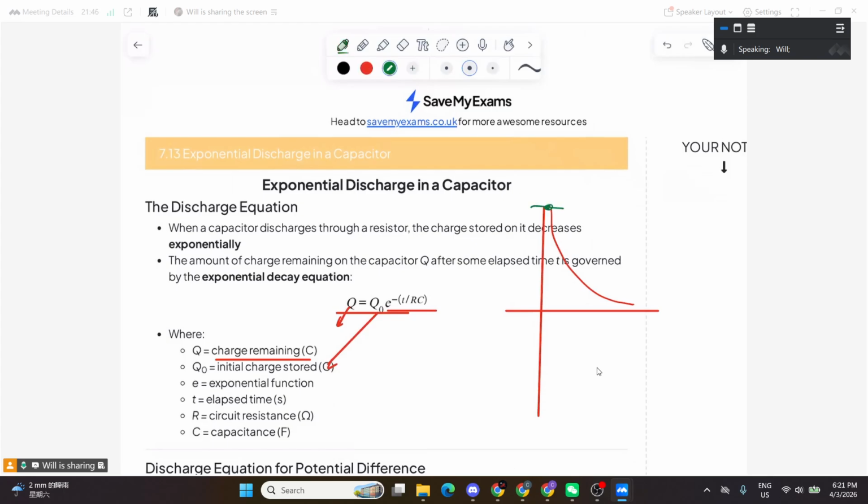This is Q delta, and this is Q remaining. Understand that?